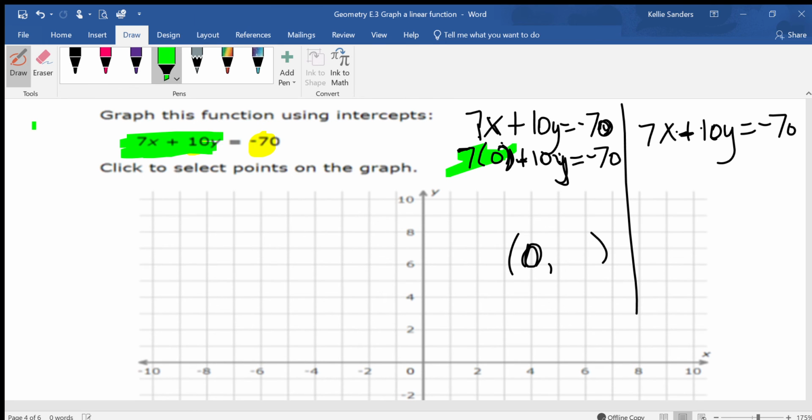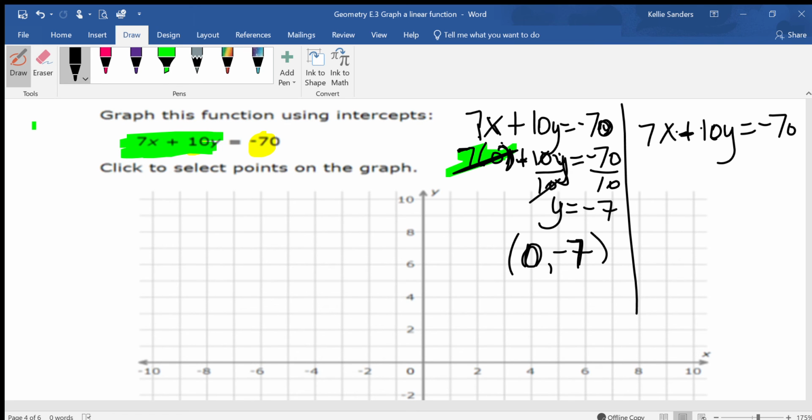That's right. And so it basically cancels that 7 out, and you're left with 10y equals negative 70. So I can quickly divide by 10 and get y equals negative 7.